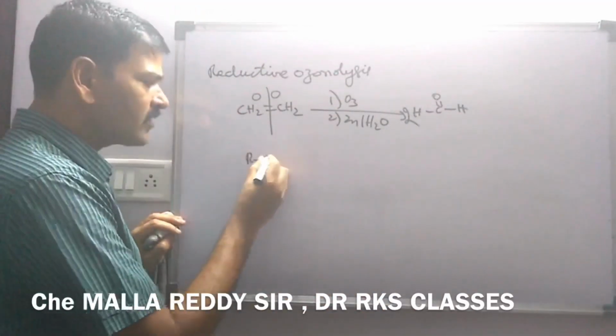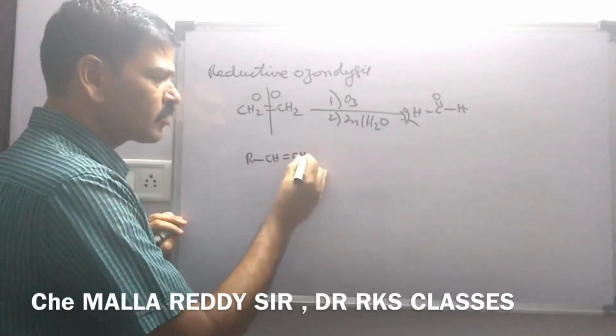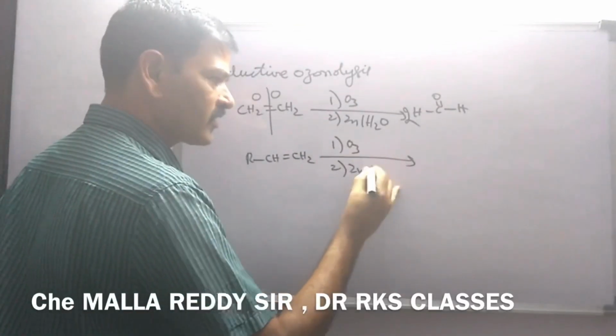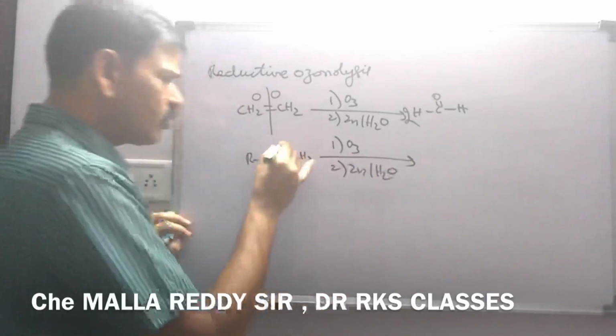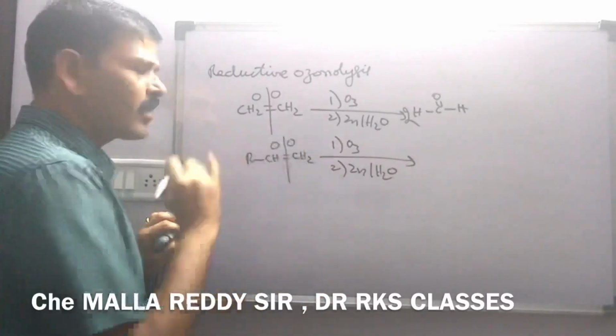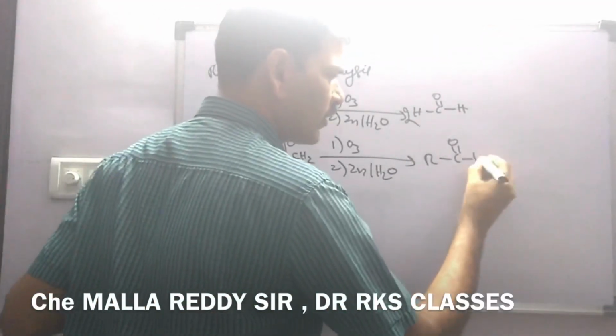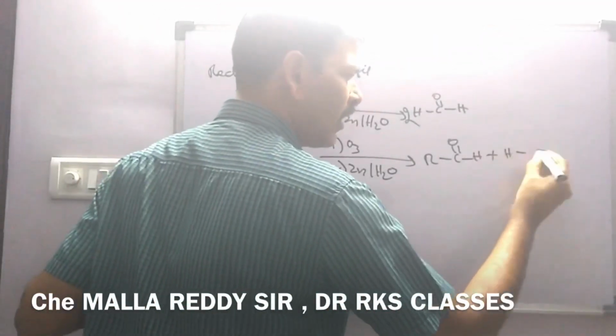Similarly, here RCH double bond CH2 and reductive ozonolysis. In this also, just you break this double bond and add oxygen on both sides. In this case also you are getting 2 aldehydes only.